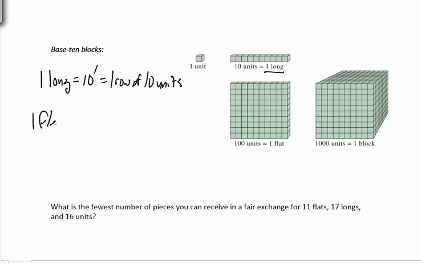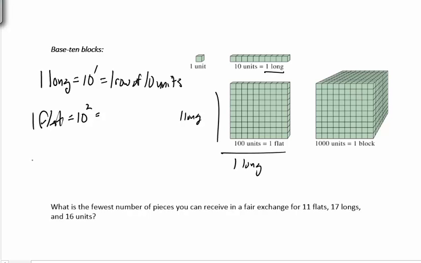One flat is what we call 10 squared, and that's one row of 10 longs in both directions. So in this way we've got one long, and here we have one long.